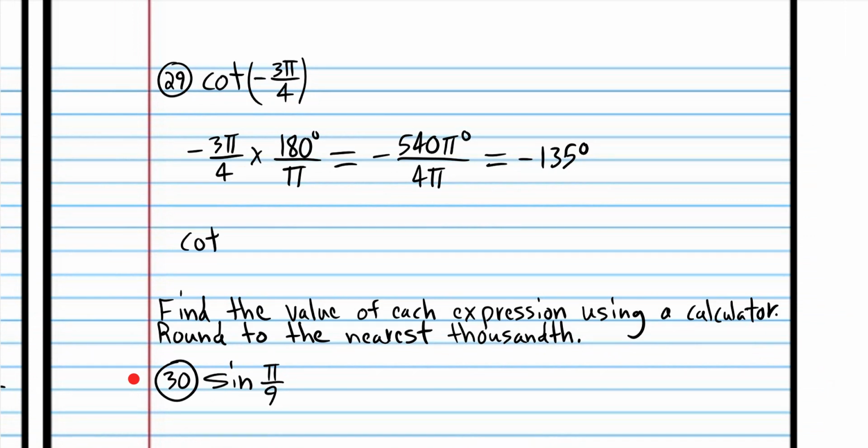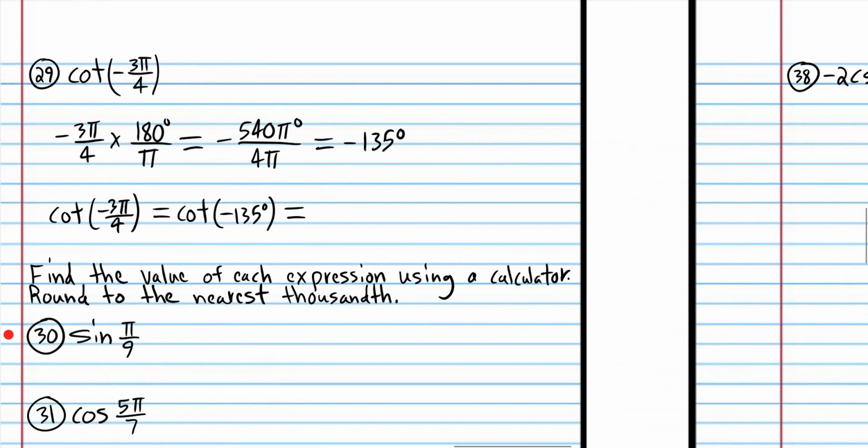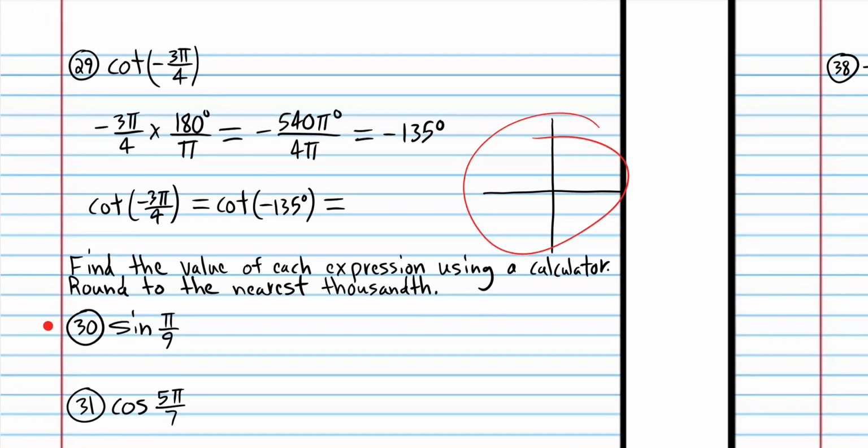So cotangent negative 3 pi over 4 is the same thing as cotangent negative 135 degrees. And so to help us with this, we're going to draw some axes. And by the way, if you can do this in your head, you don't have to draw the axes. So we're going to rotate in the clockwise direction. Negative 135, that takes us to about there.